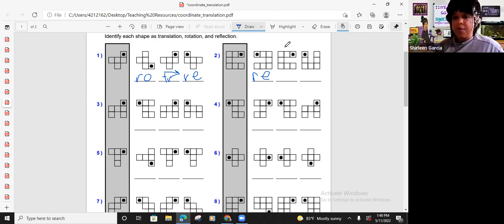I'm going to give you another visual clue and say he slid to the left 5 degrees. He did not spin, he slid. What happens when you slide? If you're a shape, is that a reflection, a rotation, or a translation?